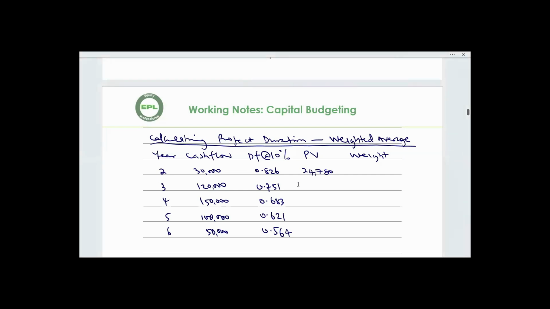24,780. Then 120,000 multiplied by 0.751 equal 90,120. Next one, 150,000 multiplied by 0.683 equal 102,450.